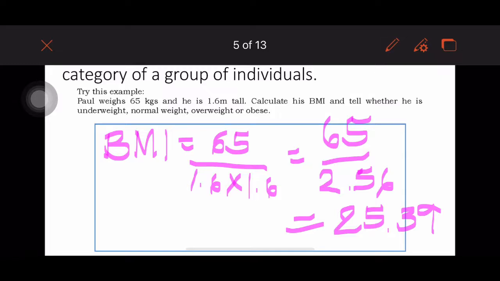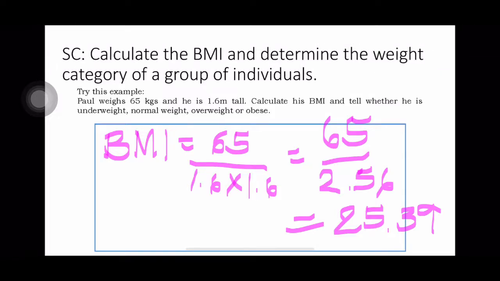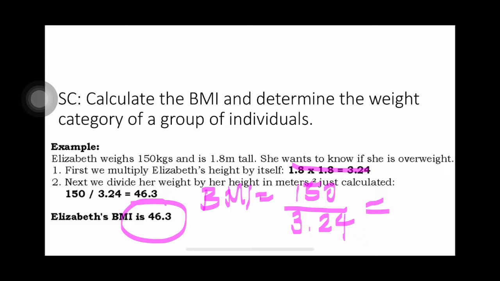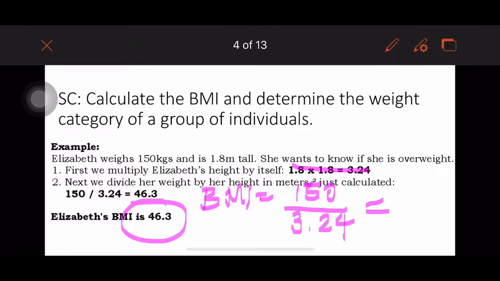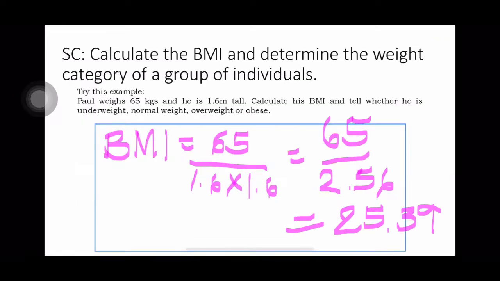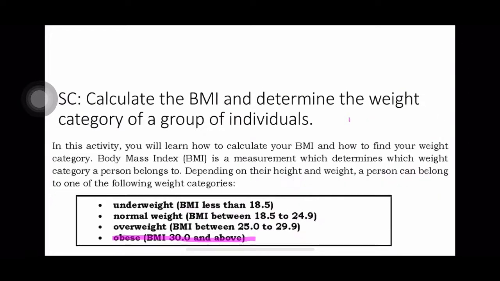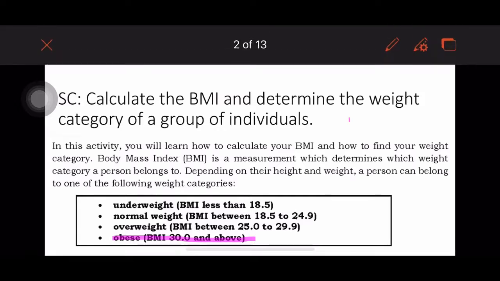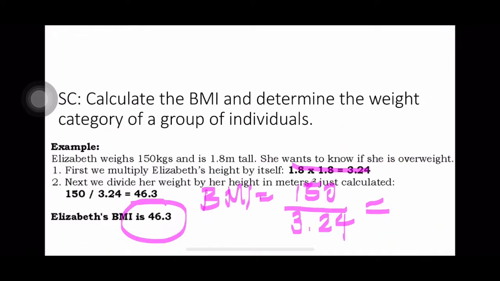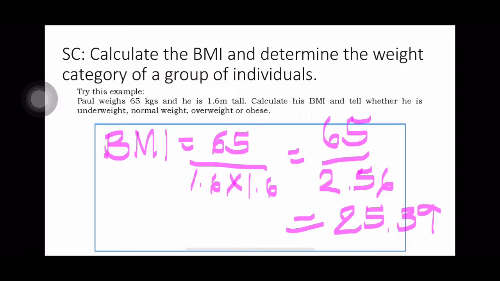Now we have to categorize whether he is overweight, underweight, normal weight, and so on. He is 25.39, so that is under here, overweight. So we are going to say that Paul is overweight.